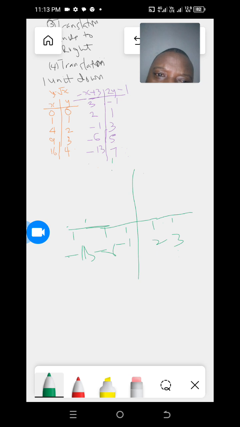So when x is 3, y is negative 1. So let's say we have negative 1 here.